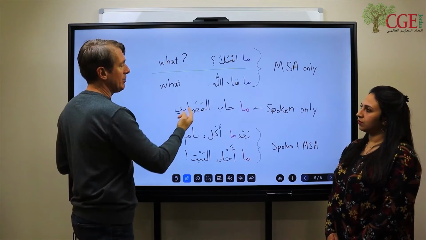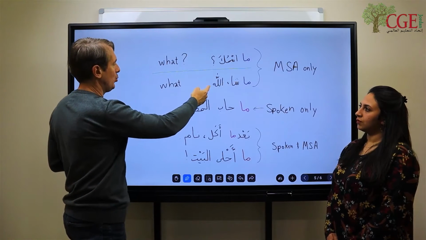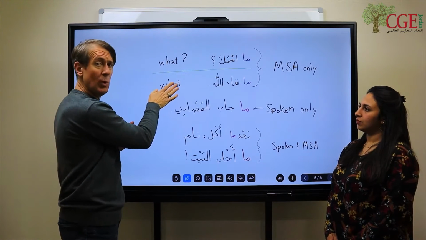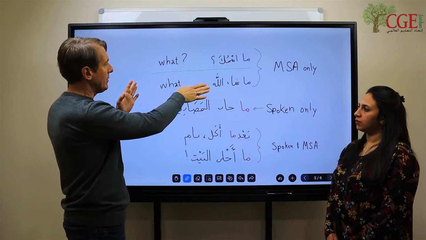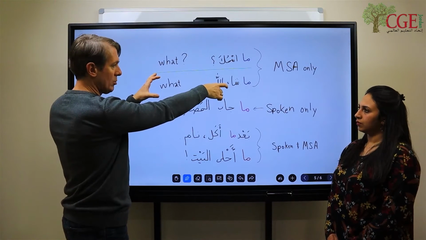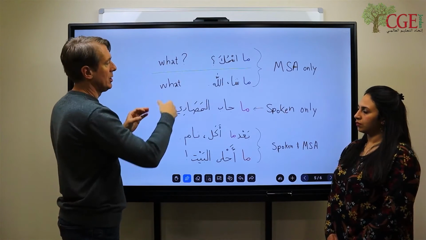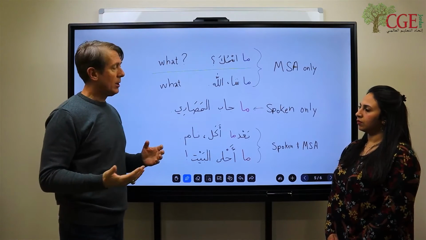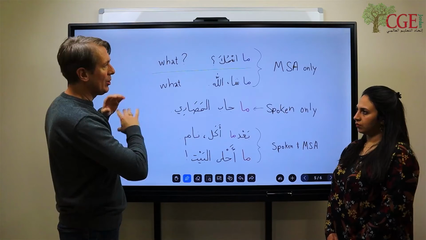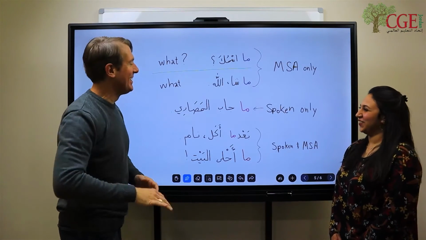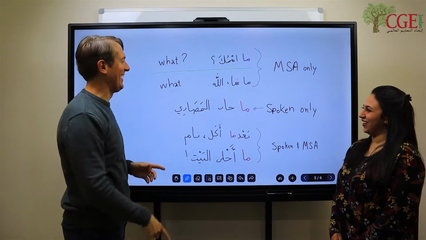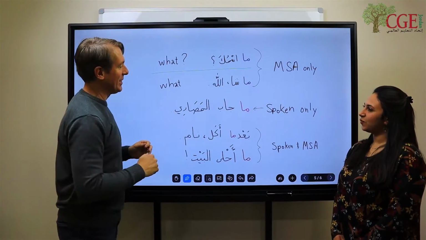It literally means what God has willed. So it means what as well, but without the question. This is very narrow and not used that much. There are other ways to say what in MSA. That's a whole other lesson, so we'll put that aside. Let's go to the spoken only.